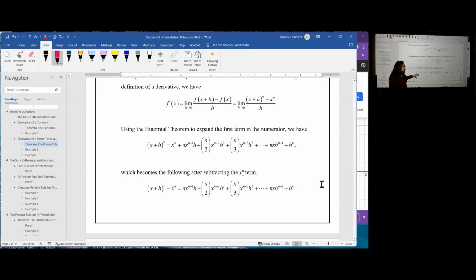When we look at these, if we subtract the x to the n, this second term here, and we move it to the other side of the equation through subtraction, then we can rewrite this expression in this equation form. That just moves this one term to the left.